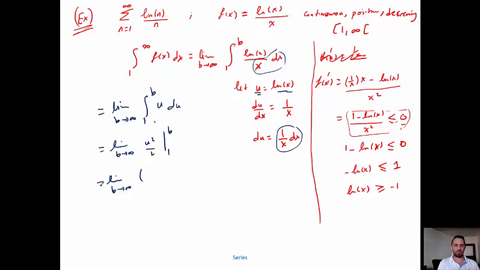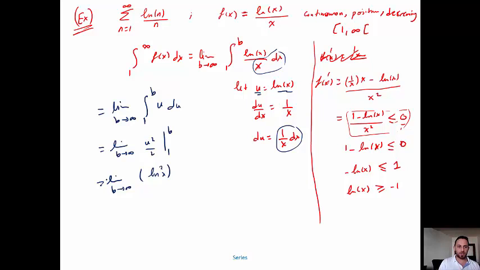I know at the end of the day I will not substitute u with b or u with 1. Once I resubstitute u with x, I will be substituting it with 1 and b. So u is ln x squared, and this constant, half, you can bring outside, from 1 to b.